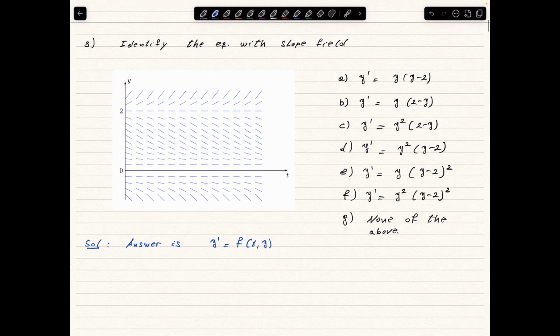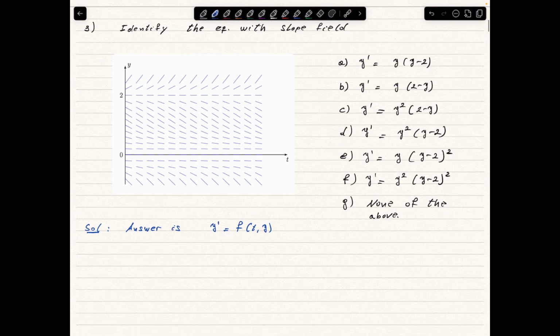The first thing we notice in this slope field, which is not going to help us much here, is that if we move on the horizontal axis, the t-axis, nothing changes. Everything is the same when we move in the horizontal axis. For any value of y, the slopes are always the same along the horizontal time axis.